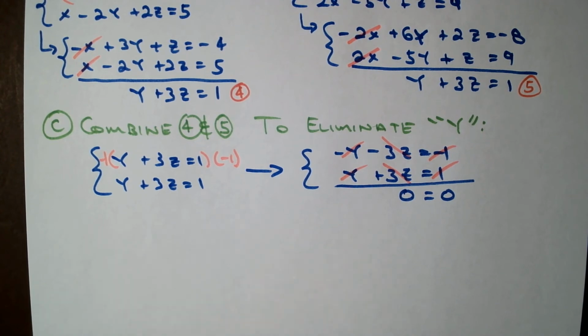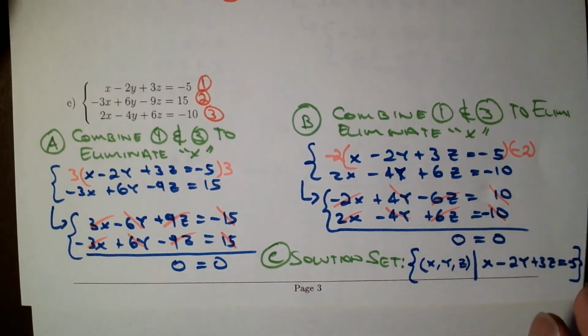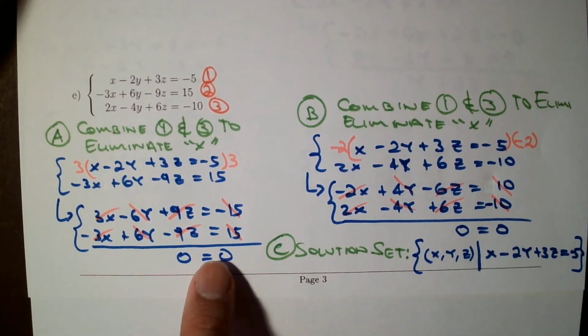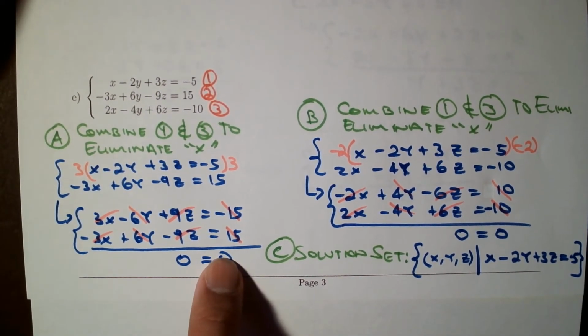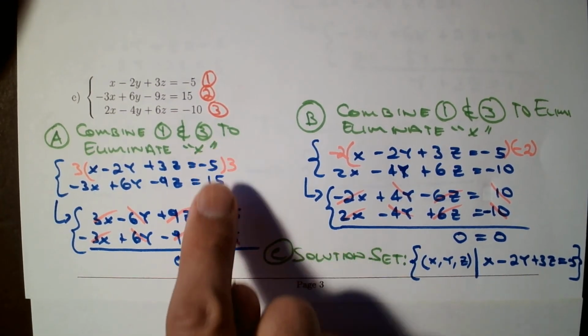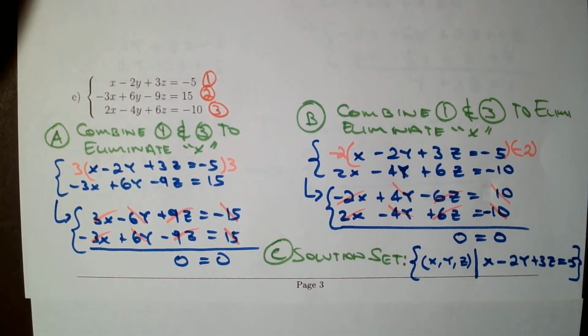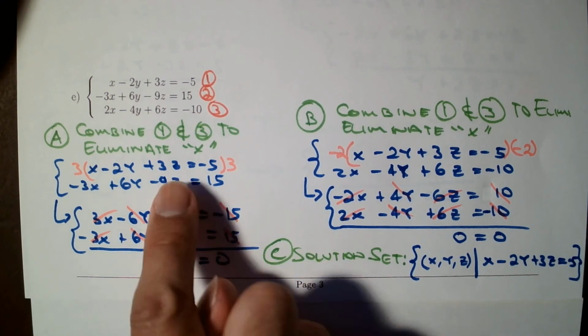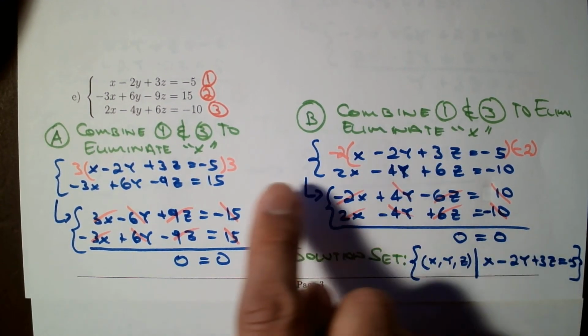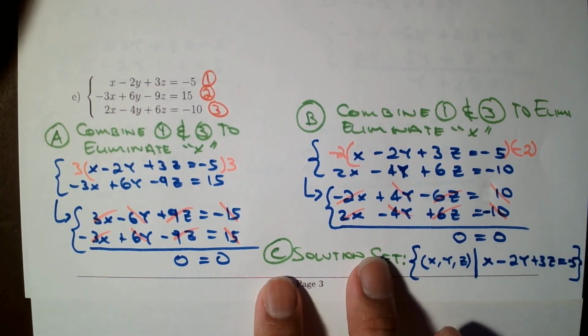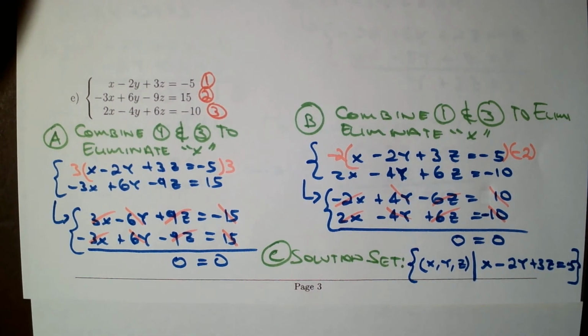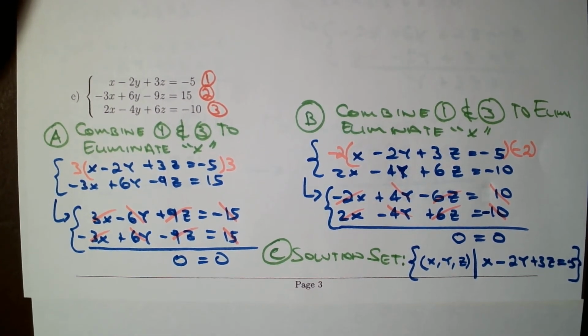All right, before finishing this problem up, let's compare with the previous example. On the previous example, we got this 0 equals 0 right from the very first steps of the combinations. So in that case, we didn't need to get the 2 by 2 in order to find out that this one had infinitely many solutions.